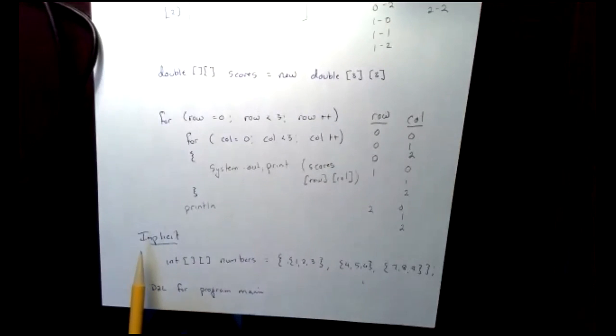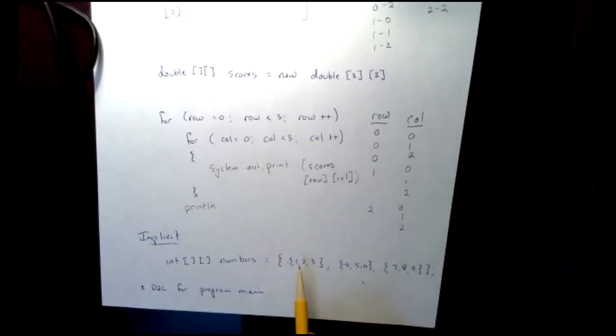Once again, we have the idea of implicit initialization. int[][] numbers equals. Just like before, I'm going to use set notation, and I'm going to put all of the elements in. But each element is going to be its own little set notation. So I'm going to have a left brace to start.